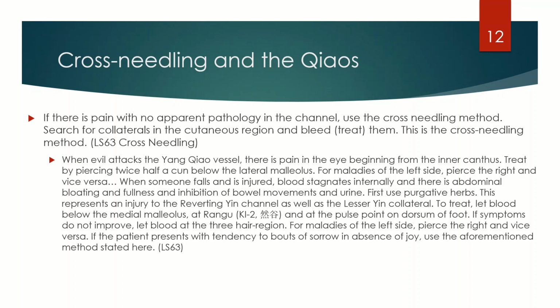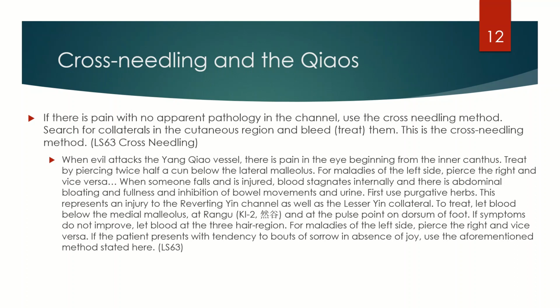Now, this particular passage in LS63, this cross needling section, goes on to say, when someone falls and is injured, blood stagnates internally. There's abdominal bloating, fullness, and inhibition of bowel movements and urine. First use purgative herbs. This represents an injury to the reverting yin channel as well as the lesser yin collateral.